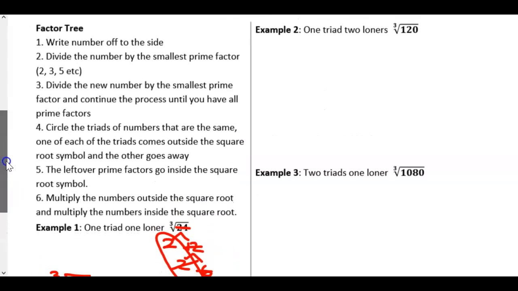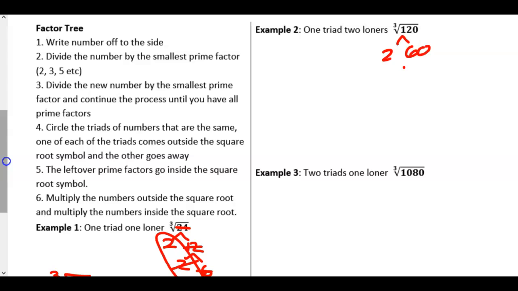Yes. Now, example 2. Break down 120. See if you can break it down. 2 times what? 2 times 60.